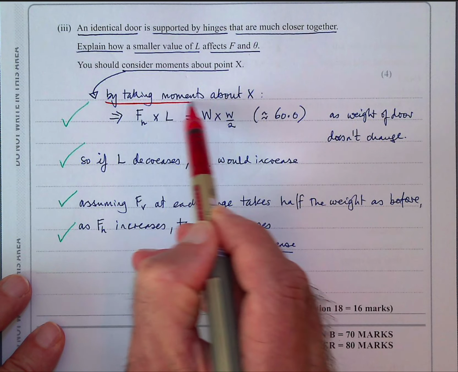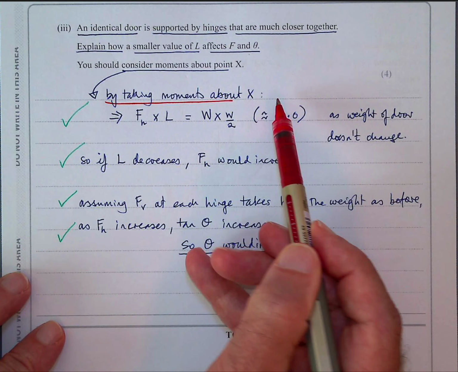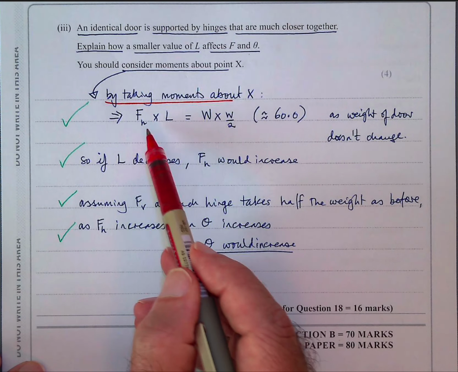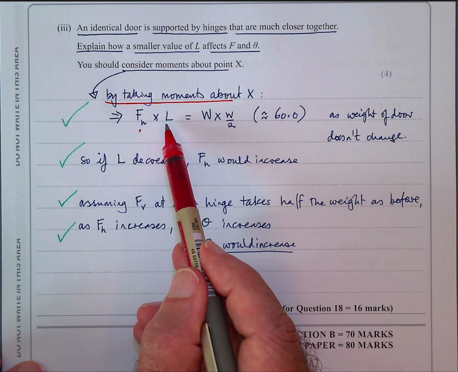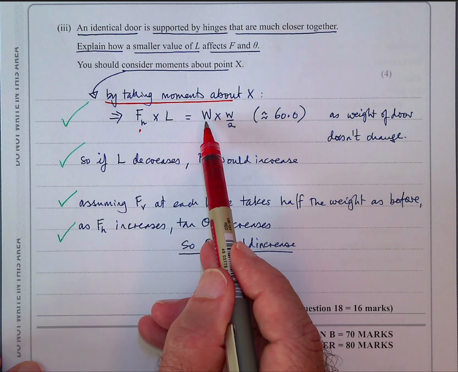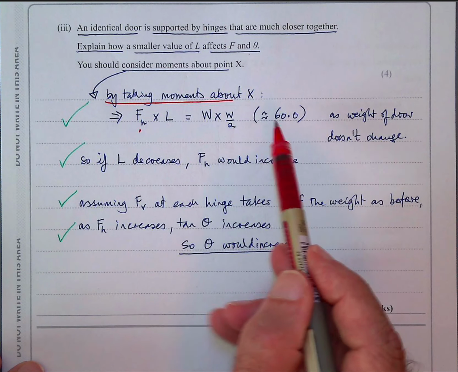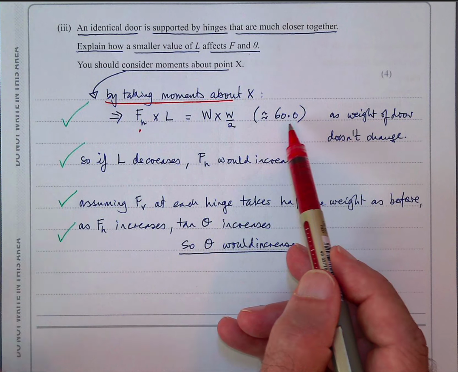So we know from before that if you take the moments about point X, we don't have to think about the forces at X, but we have the horizontal force, which is what we wanted. The horizontal force times the length between the hinges is equal to the weight times half the width of the door, which we knew was approximately 60.